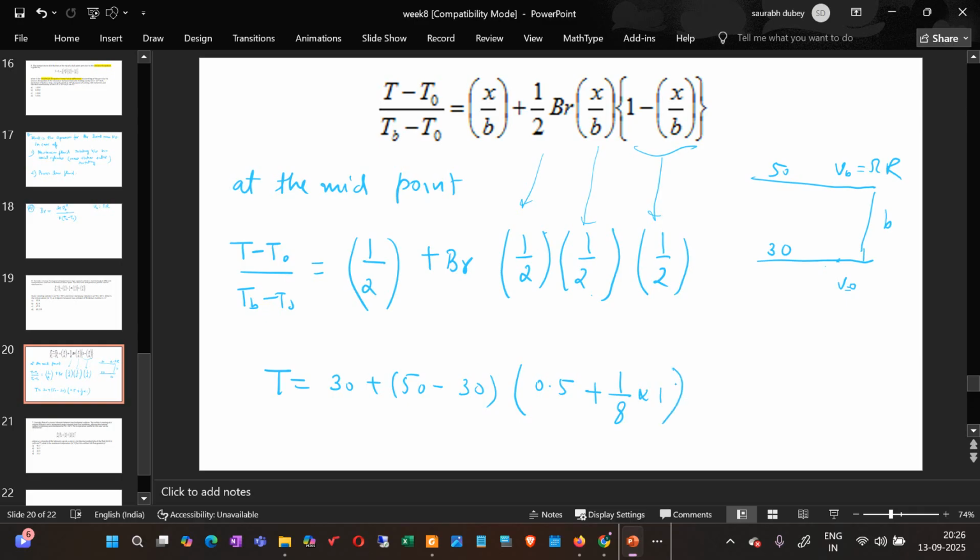So when you solve it, it's 30. Then 50 minus 30 is what? 20 into what? Okay, so it is 500.